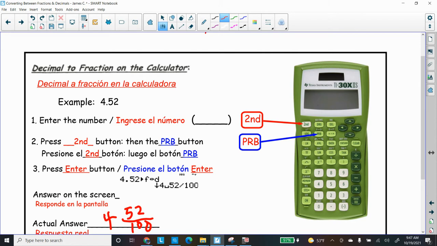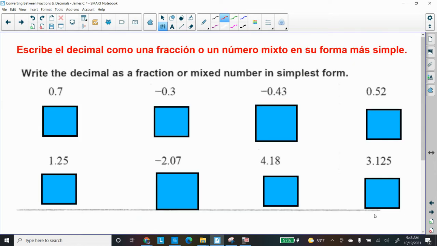So you've got a mixed number there, 4 and 52/100. That's the real actual answer. So we changed 4.52 into 4 and 52/100. That's pretty good. I would recommend you take a look at that other video I made about using the decimals calculator. It does it a little bit faster.